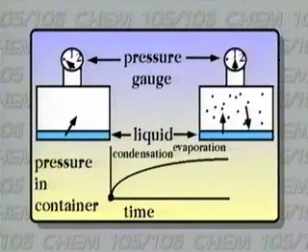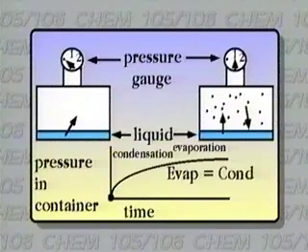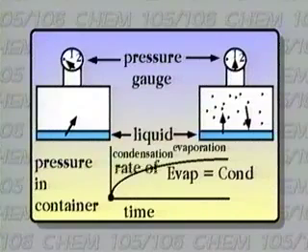Well, the reverse process is called condensation. And when evaporation becomes equal to condensation, we're right here at that solid line. When the rate of evaporation equals the rate of condensation, we're going to have a constant line in pressure.